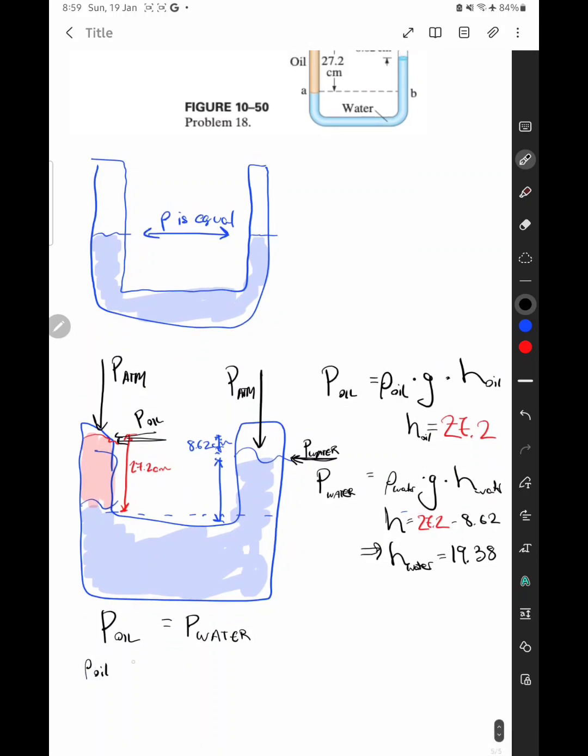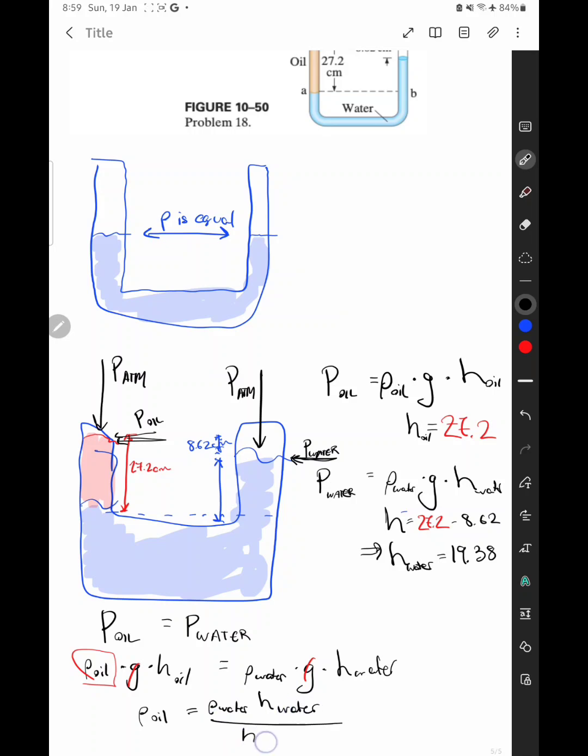So rho oil times G times H oil is equal to rho water times G times H water. Now we are trying to find the density of the oil. So let's solve for that. First of all, G's cancel. Divide both sides by the height of the oil, and we get rho oil is equal to rho water times H water divided by H oil.